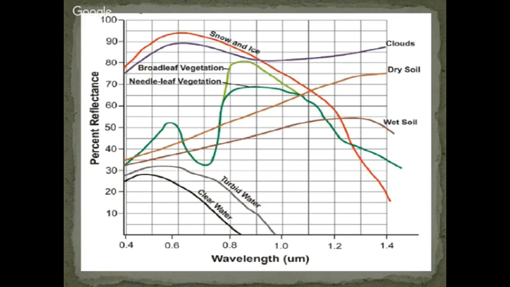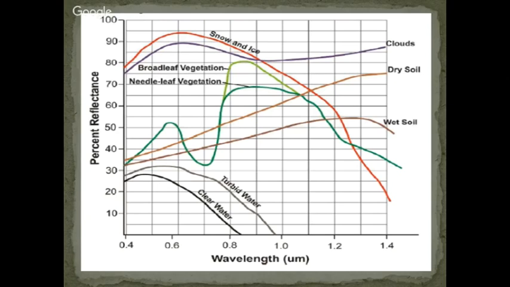These are the average responses for these surfaces, and by comparing our satellite data with these average curves, we can identify and differentiate objects.